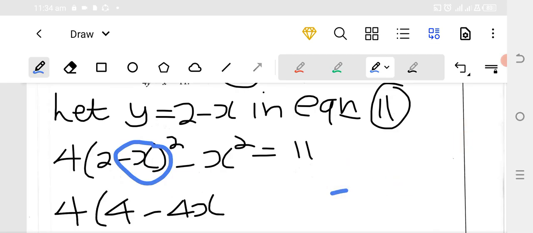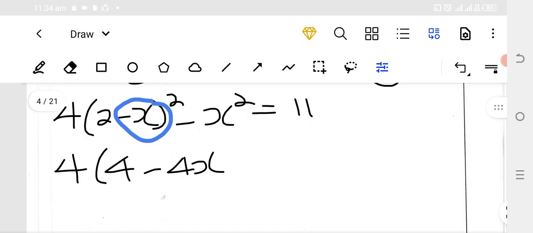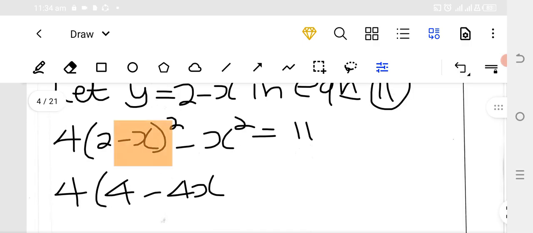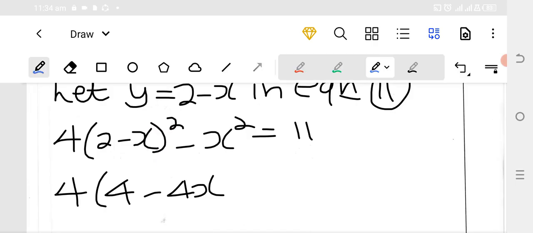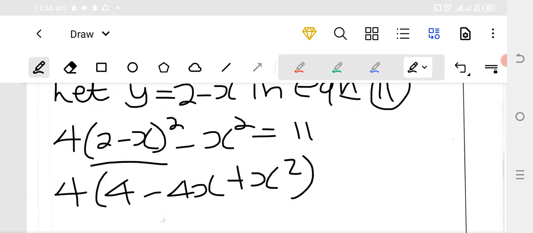So your final answer is going to be plus x squared. We close the bracket, so we are done expanding this bracket. Then we come back here. Minus x squared is equal to 11.